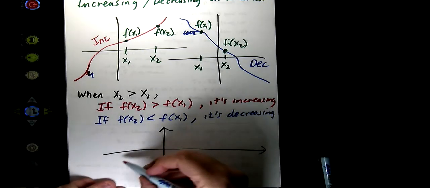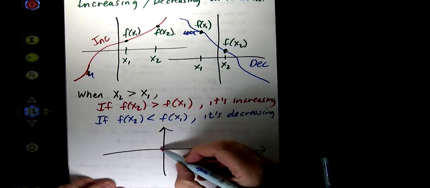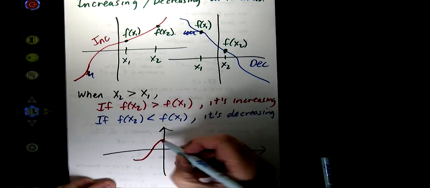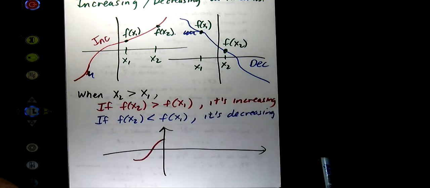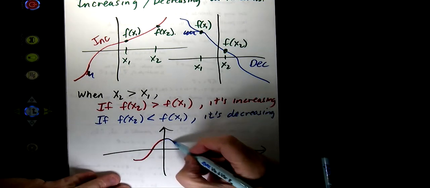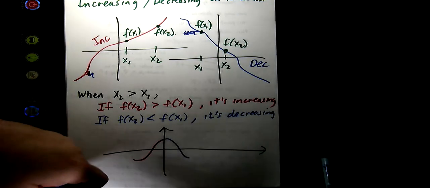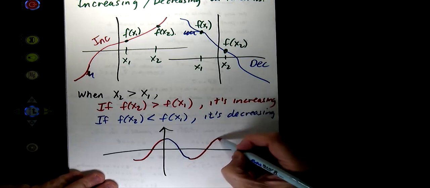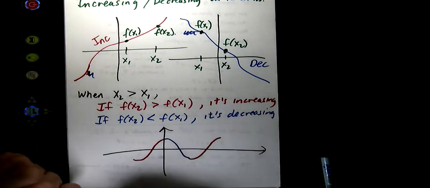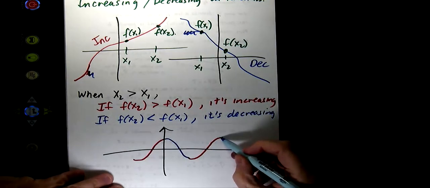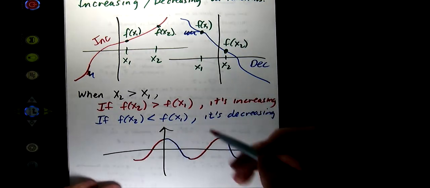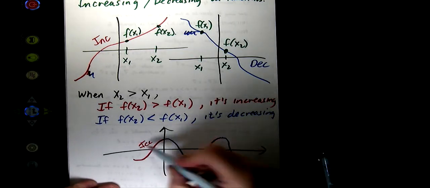But I could have a function that is increasing on part of its domain, decreasing on another part, and it could start back up, be increasing again, decreasing again, do multiple things.